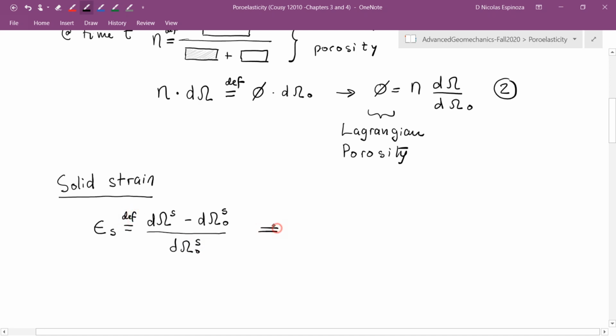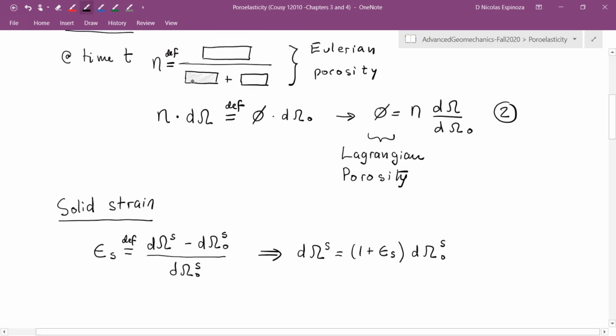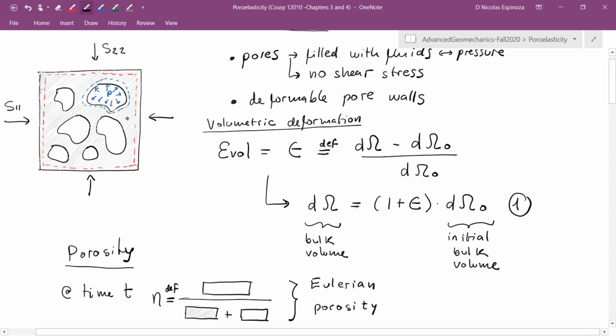I can do a little bit of math and also see that I can write the volume of the solid part at any time as a function of the volumetric strain of the solid part, multiplied by the original volume of the solid part. So here the solid part, in the case of the rock, is just the mineral itself. And the deformation of the solid captures the deformation of the mineral and not the deformation of the entire thing.